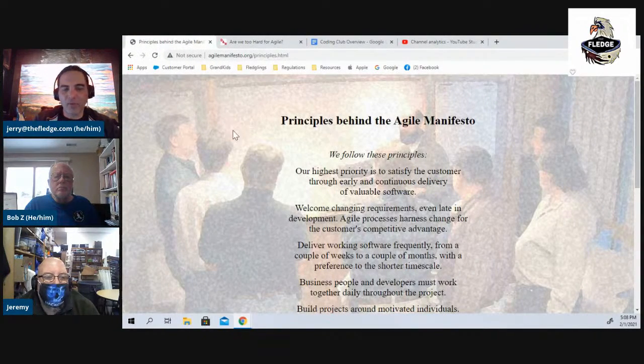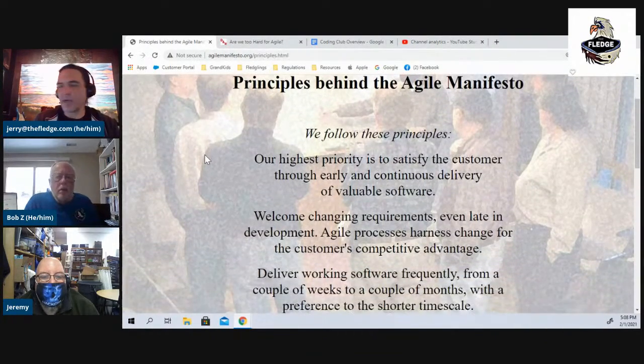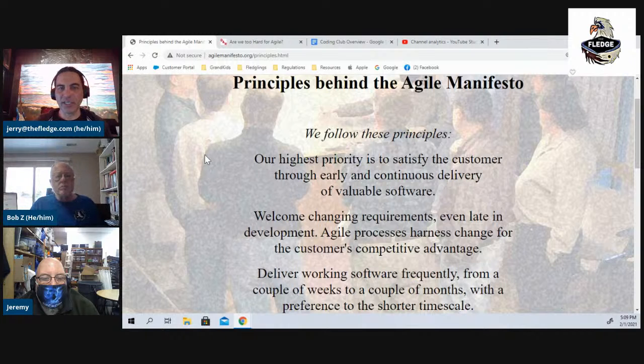And I think this is important to take a quick look at. And I know it's not technical stuff that you might be expecting from a coding club, but this is something that's important about why we write software in the first place. And it's very user-centric. Even if you're writing software for yourself, you're the user and you want to get using something.